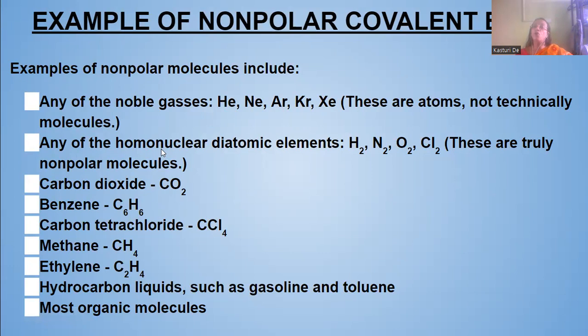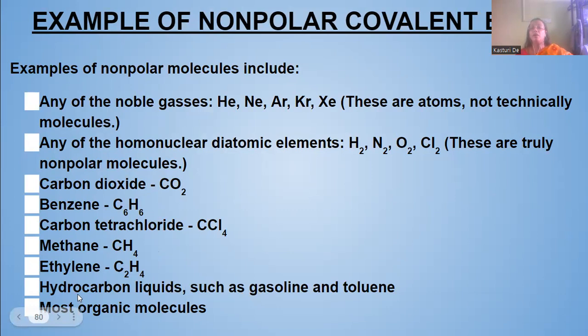Now, any of the homonuclear diatomic elements, with similar nuclei, that is H2, N2, O2, Cl2, are truly non-polar molecules. Also carbon dioxide, CO2, benzene, C6H6, carbon tetrachloride, CCl4, then methane, CH4, and ethylene, C2H4, or ethene.